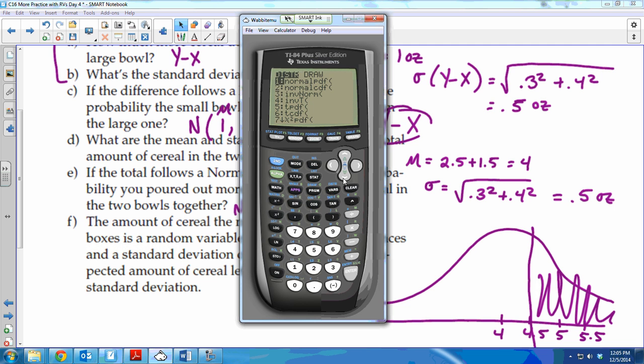So normal CDF, I did the wrong one. Our lower bound is 4.5. We're going up to infinity, if you will. Your mean is 4, and your standard deviation is 0.5.